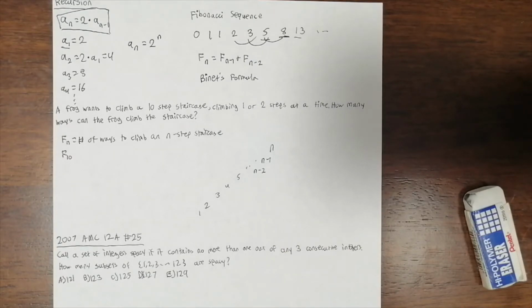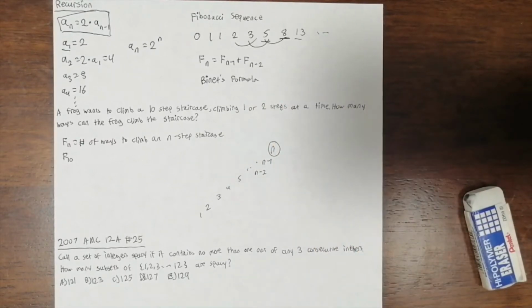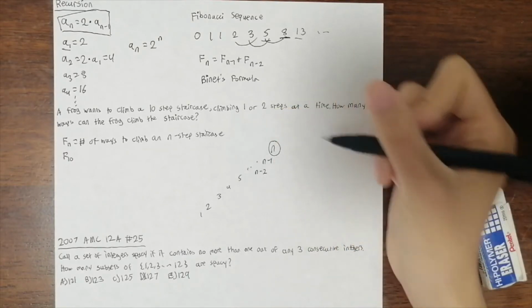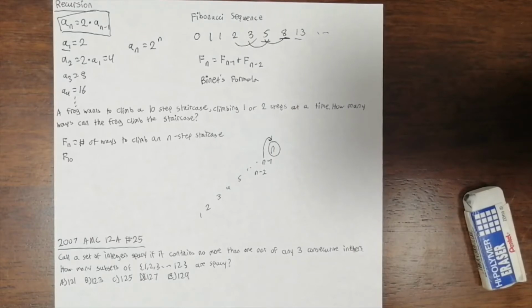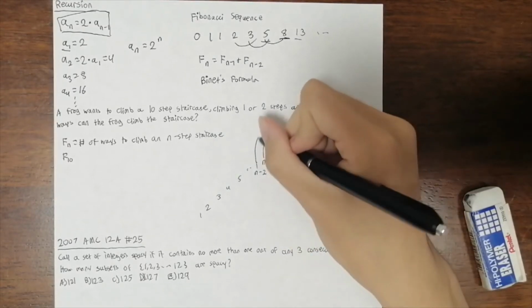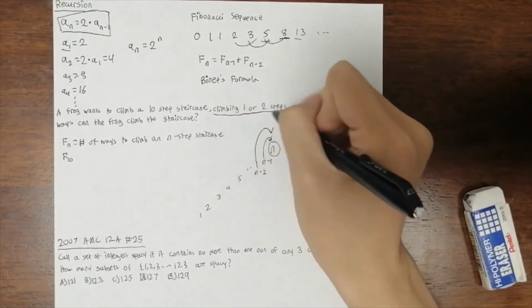How many ways are there to get to this nth step? Well, you can either get to the nth step from n minus 1, where you hop one step, or you can get to the nth step from the (n minus 2)th step by hopping 2 steps, because the frog can climb 1 or 2 steps at a time.